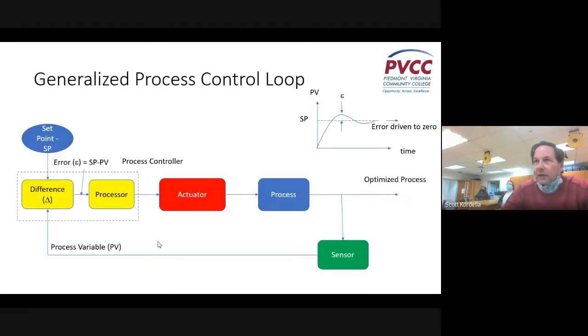Here is what I'll call a generalized process control loop. So in this figure, what we're trying to do is, in a closed loop sense, meaning using feedback, we are trying to optimize a given process.